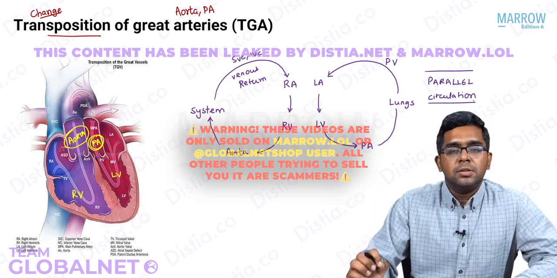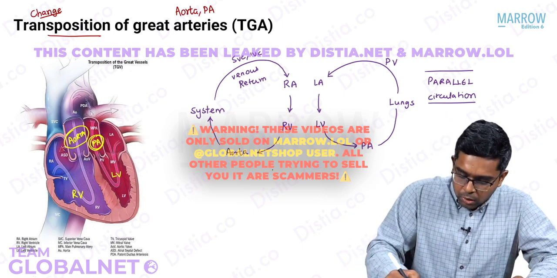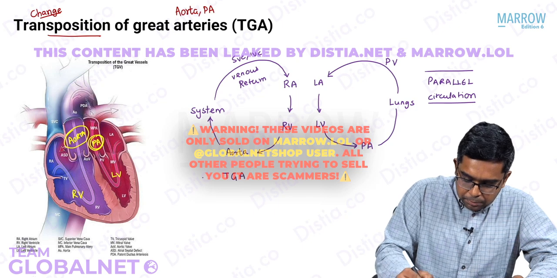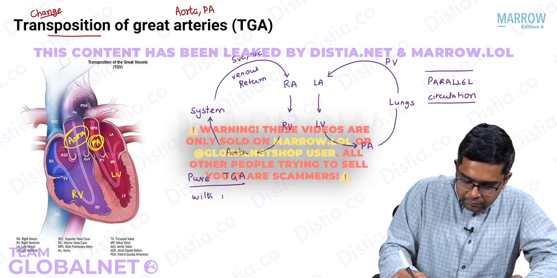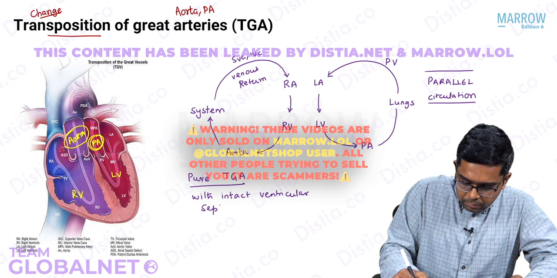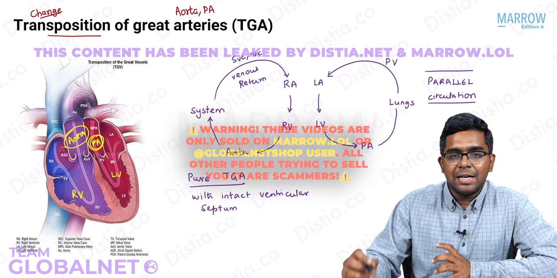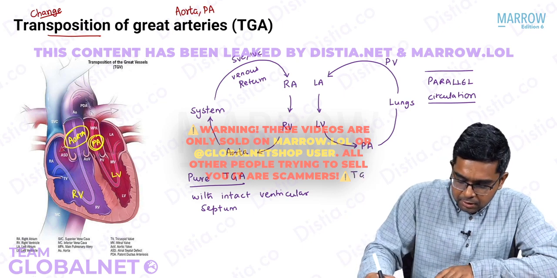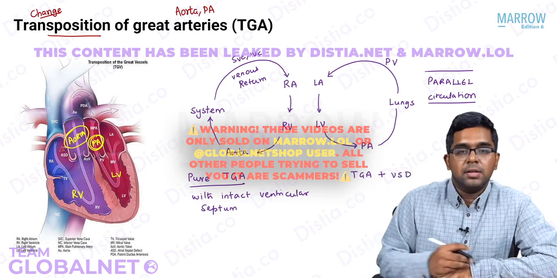Okay, now transposition of great arteries is divided into two main categories. One is called pure TGA, or also called TGA with intact ventricular septum. Just remember like this. Why? Because the other type is TGA associated with another defect in the form of VSD, or ventricular septal defect.